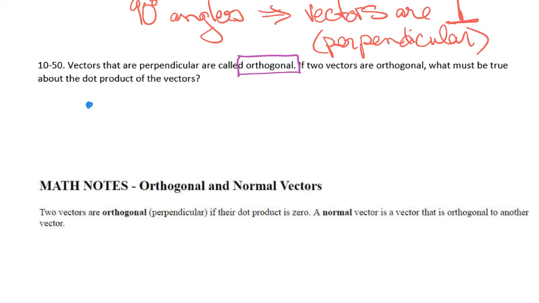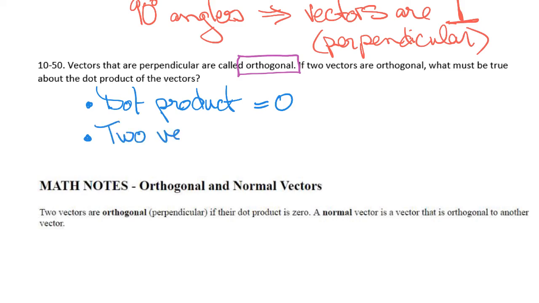The dot product is going to equal 0. And the two vectors are perpendicular. In other words, we have a 90-degree angle.